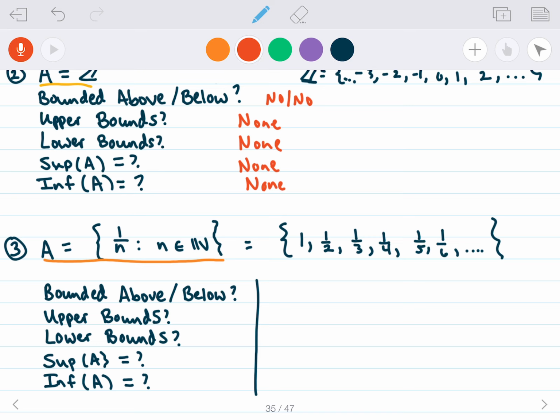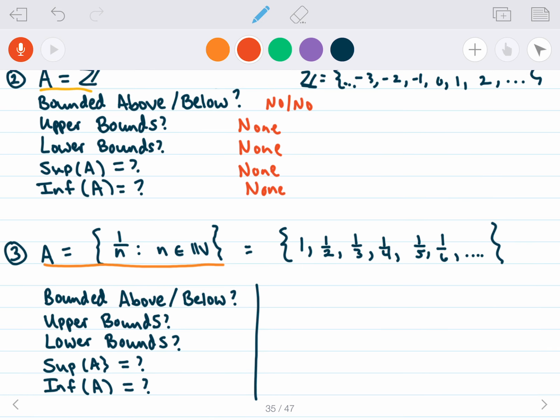Yeah, we can just look at what's happening here. We are decreasing, right? The biggest the set is going to be is 1. We can never have this set be larger than 1. And so it's bounded above, certainly.